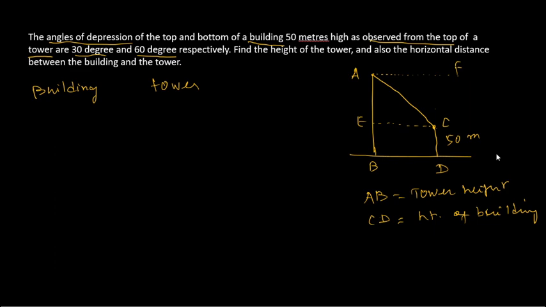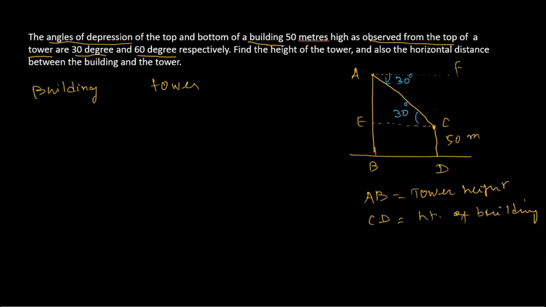Okay, right. And this is given as the angle of depression. So from here there are two angles of depression. One is looked at this angle from this straight line. So this one is 30 degree. And you can draw another parallel line here. So alternate interior angles are the same, being parallel, and this AC is the transversal. So you can put this is also 30 degree.